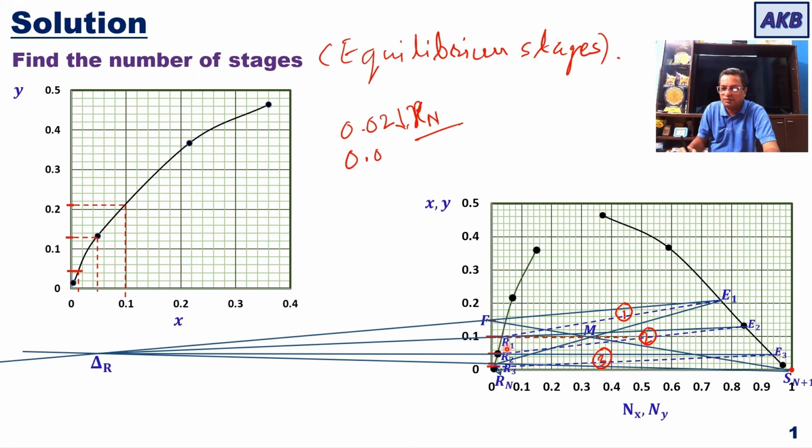The R's and E's that represent compositions in equilibrium with each other will be connected with tie lines, and each tie line will represent an equilibrium stage. The number of tie lines that you draw in the process will be the number of equilibrium stages required in the operation. So I hope you have understood how to get the number of equilibrium stages.